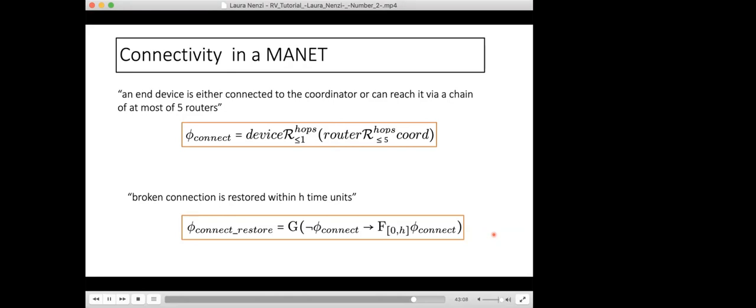So we are asking that it is always true that if a connection is broken, this implies that eventually in a certain time the connection is restored.